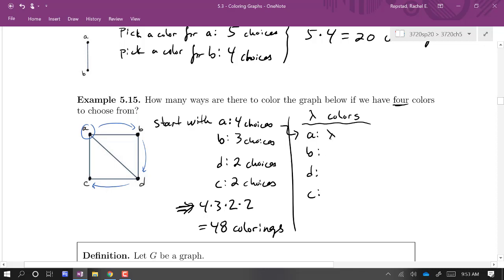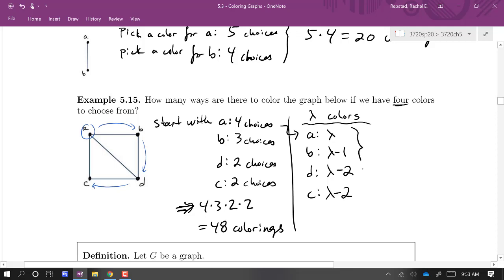So I've got lambda choices for A. Once I've colored A, I can't use that again, so lambda minus 1. Once I've colored both of those, since D is connected to A and B, I can't use either, so that's lambda minus 2. But once I get to C, there's lambda minus 2 choices again, right? I can't color the same color as A and D, but I could color it the same color as B if I chose to. So there's lambda minus 2 colors.